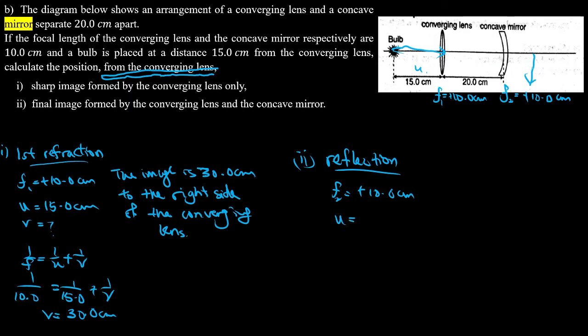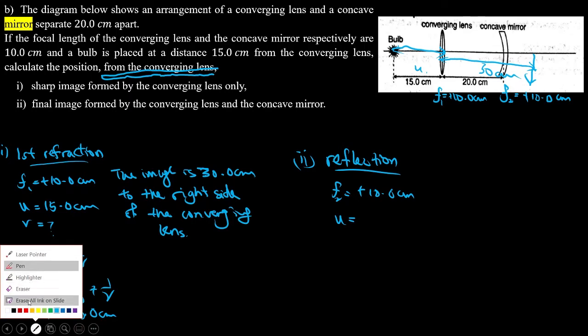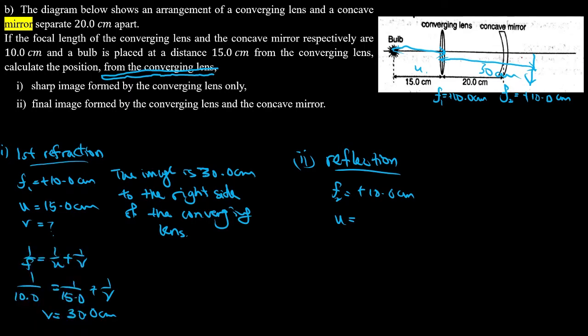From here, the first image to here is 30 cm, and the object distance for the mirror, look carefully, must be placed between here. So this is your u2.